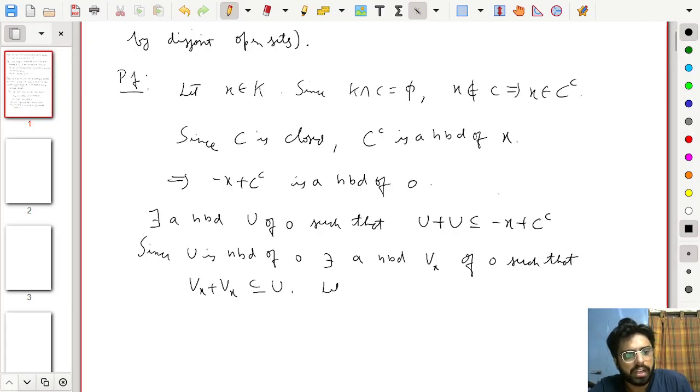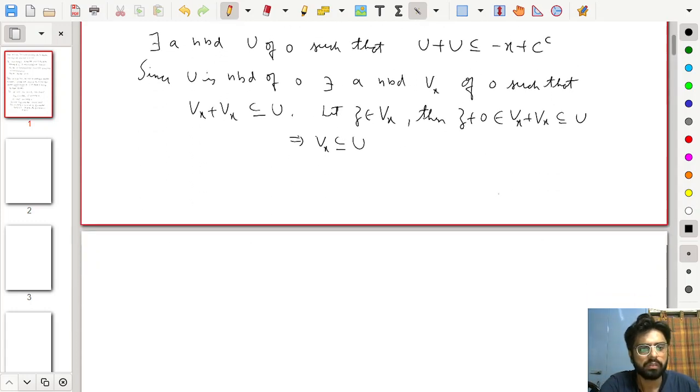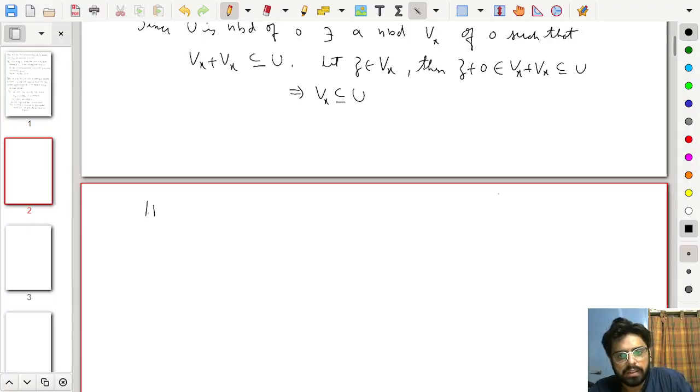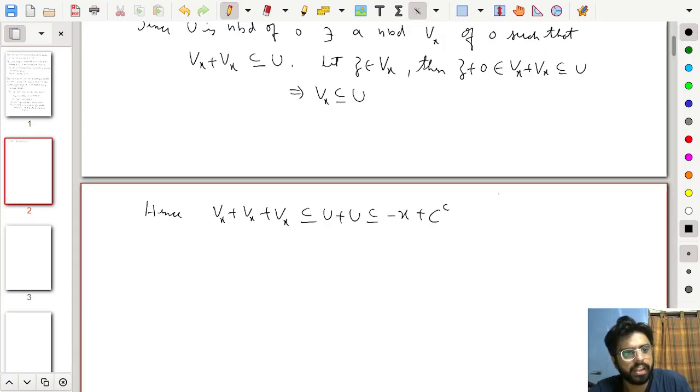Now let z belong to V sub x, then z plus 0 belongs to V sub x plus V sub x, which is contained in U. So V sub x is a subset of U. Hence V sub x plus V sub x plus V sub x is a subset of U plus U, which is a subset of minus x plus C complement.